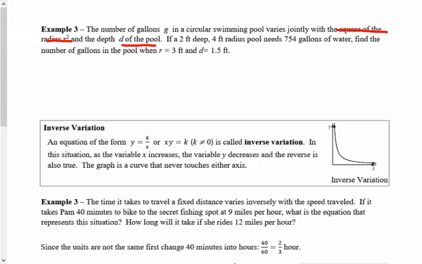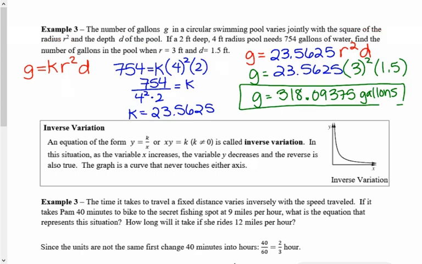All right, so the number of gallons, here's my equation, varies directly. I write G equals k with the radius squared, r squared, and the depth, d. I plug in for my known values, and then I solve for k, which gives me 23.5625.